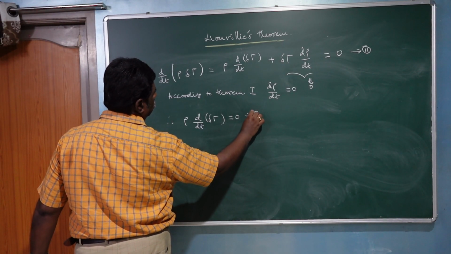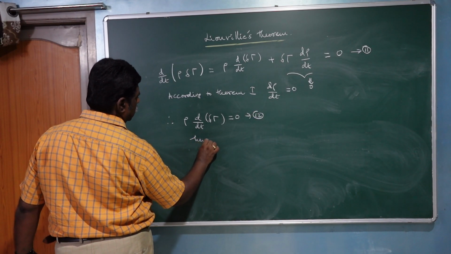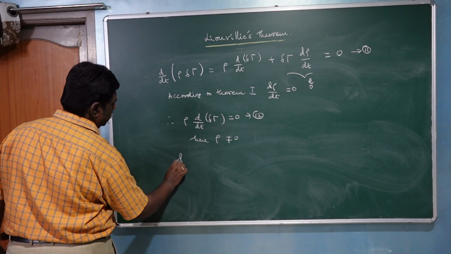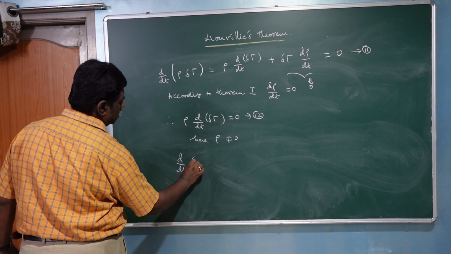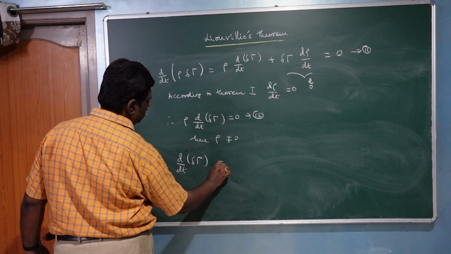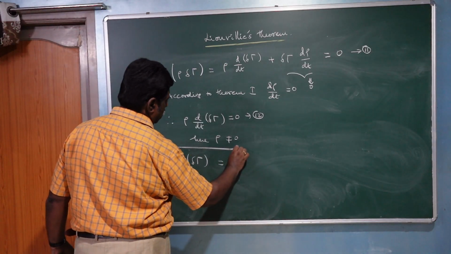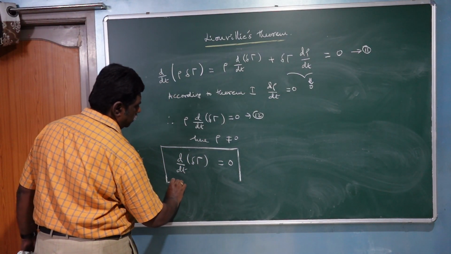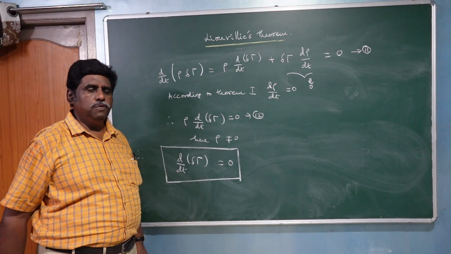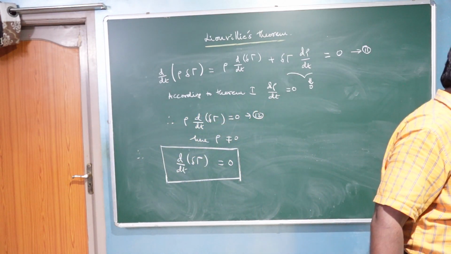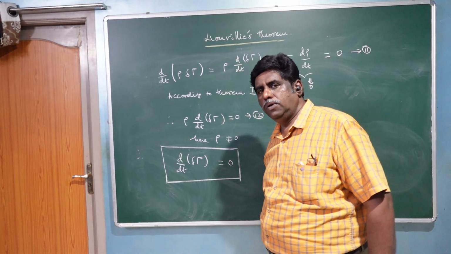This is equation 12. Here rho is not equal to 0. Therefore, d by dt of delta gamma is equal to 0. This is our theorem 2. In this way, we have arrived at Liouville's theorems 1 and 2. Thank you.